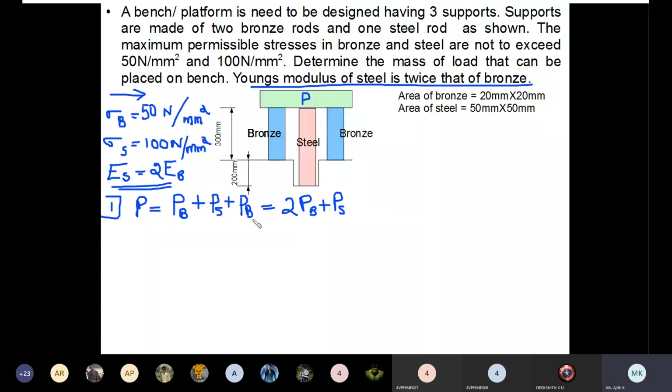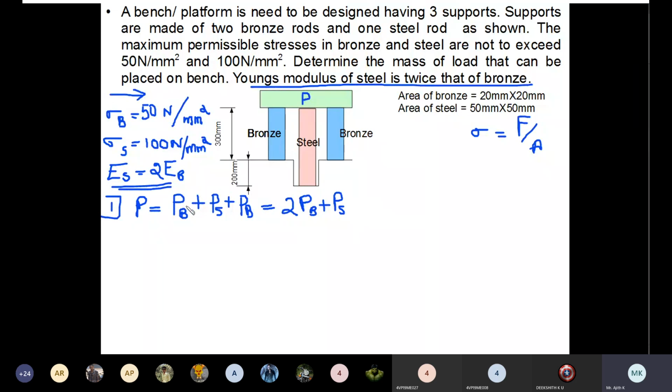Now substitute the equation sigma is equal to force by area. And in the previous class, I told you instead of P, you can write F also, because in the first chapter, force we have taken as F. So you can replace P by F, not a problem.